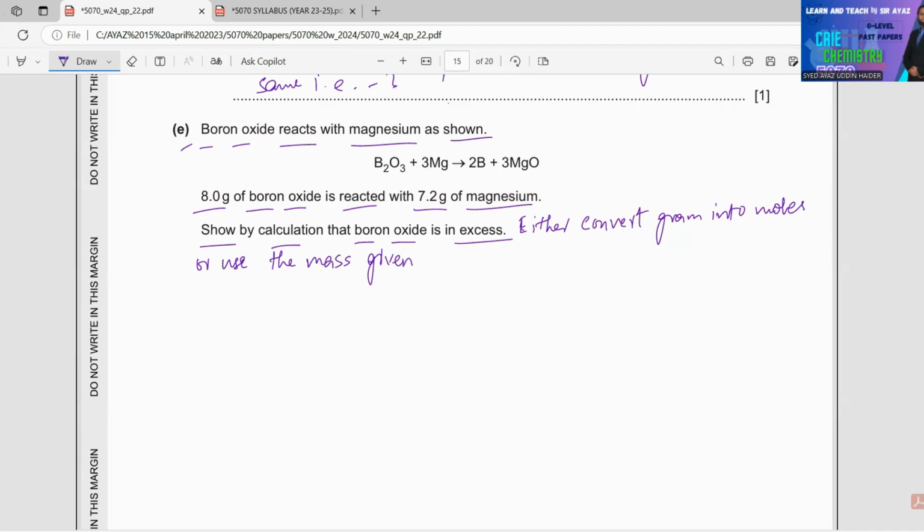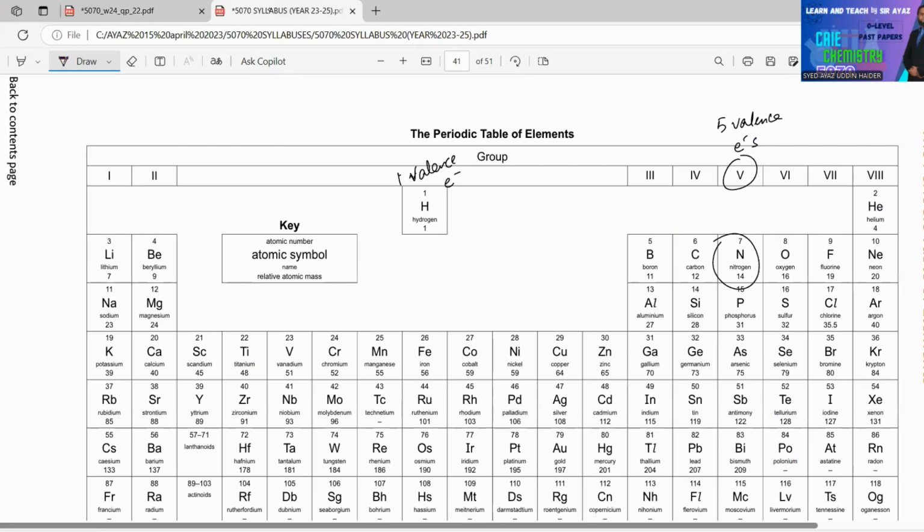Now for the moles, if I want to find moles of B2O3, I need to divide 8 by MR of B2O3. So MR of B2O3: B, 11 is the AR, oxygen 16.